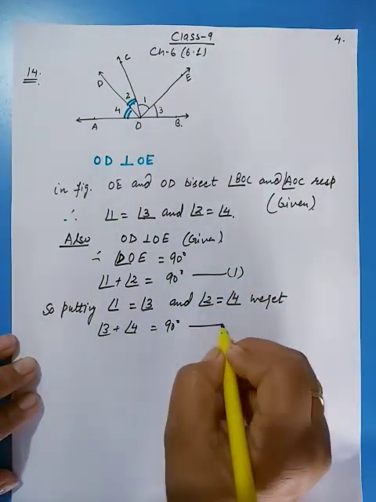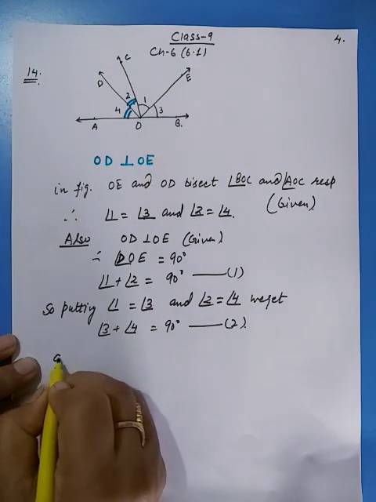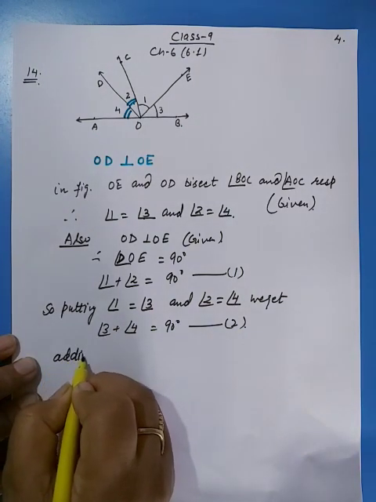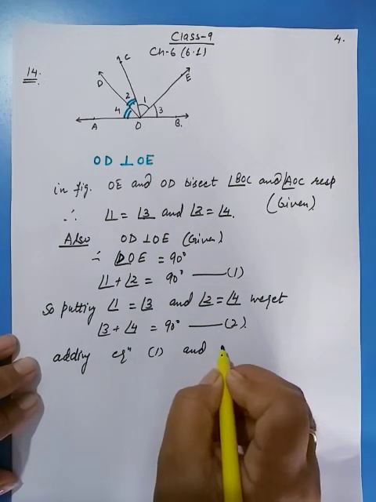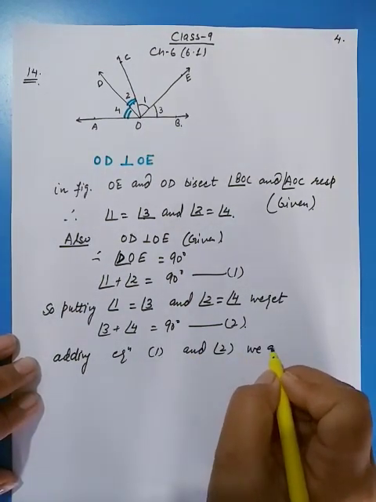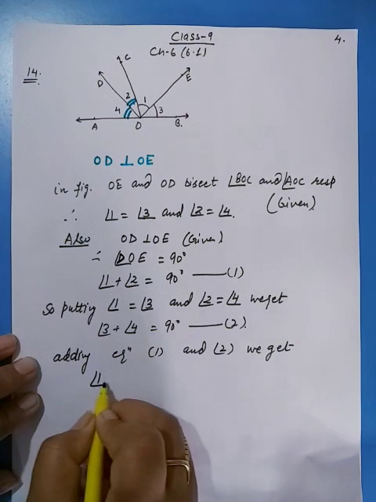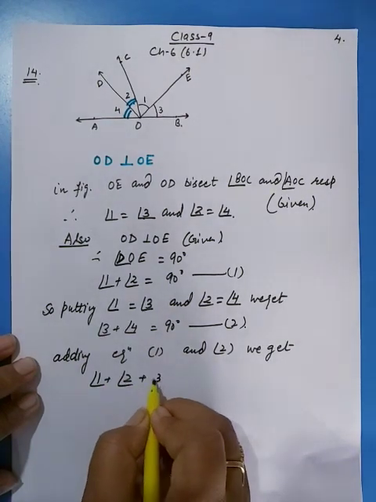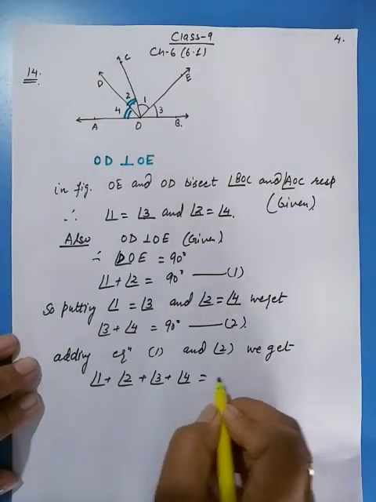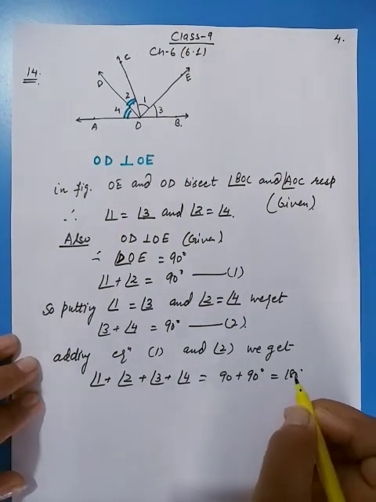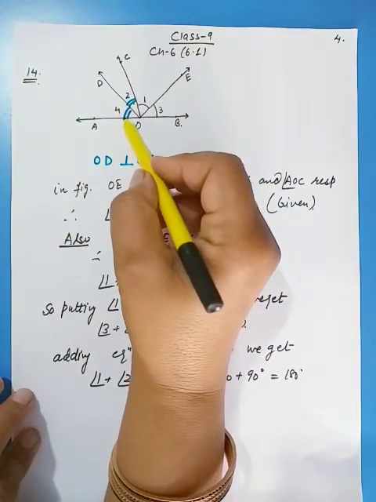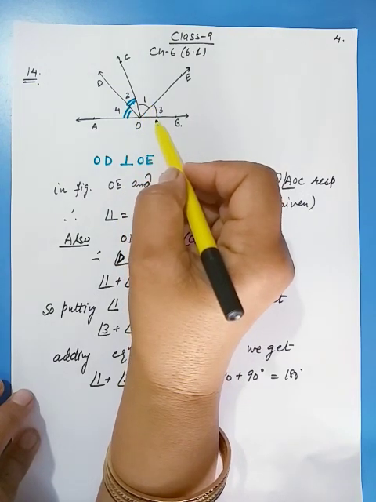Now we can add these two equations. Adding equation 1 and 2, we get angle 1 plus 2 plus 3 plus 4 is equal to 90 plus 90, meaning 180 degree. So it means the sum of all these four angles is 180 degree.